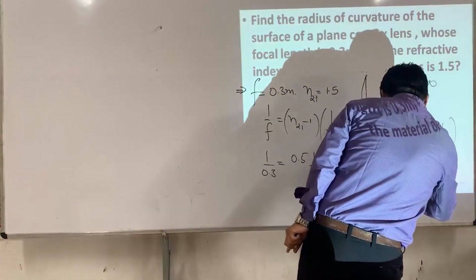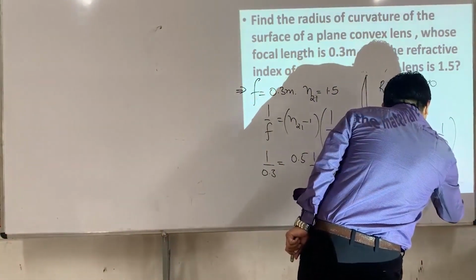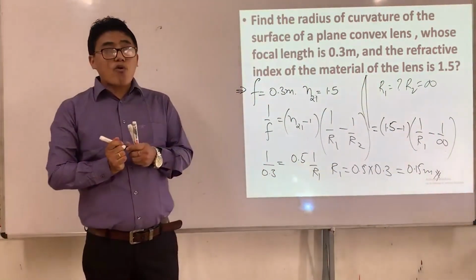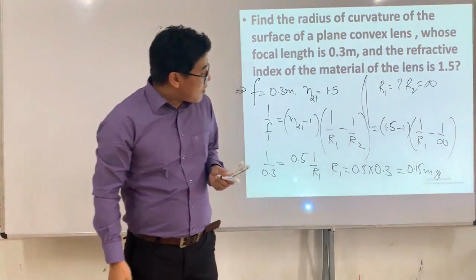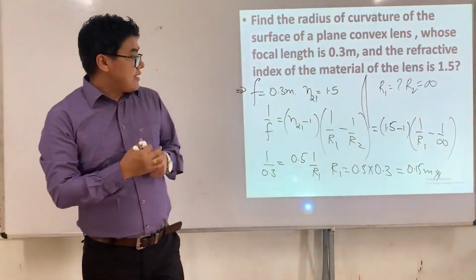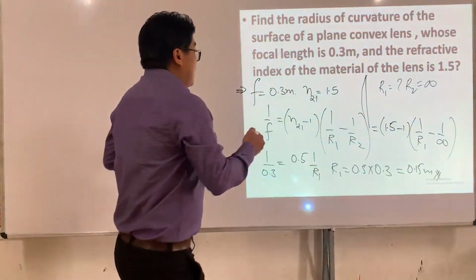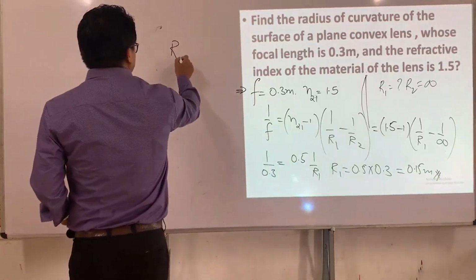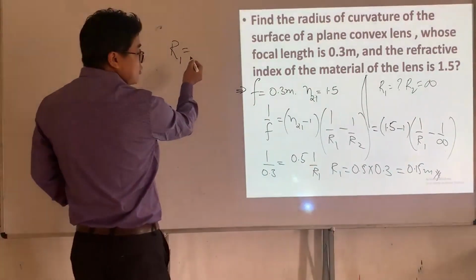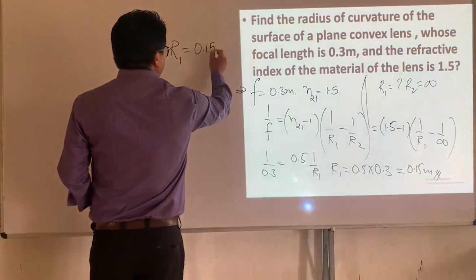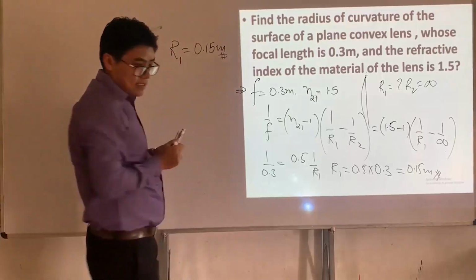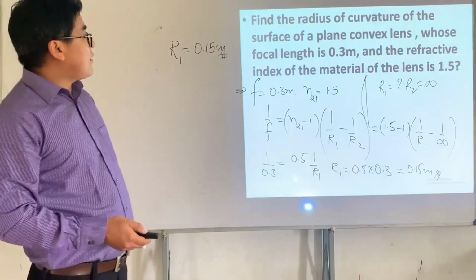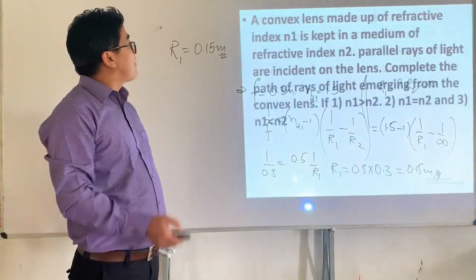This is equal to 0.15 meter. So the radius of curvature of this plano-convex lens is 0.15 meter. I write here radius is equal to 0.15 meter. This is the radius. Alright, now the next problem.